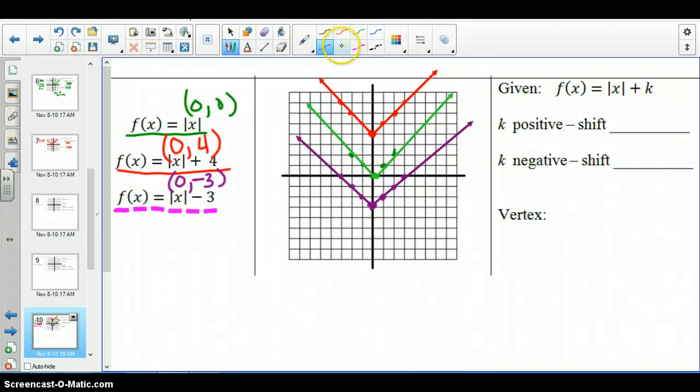So now when your k, when that number was positive, we shifted it up, and when it was negative, we shifted it down. And you can see our vertex for each one of these is over here on the left.